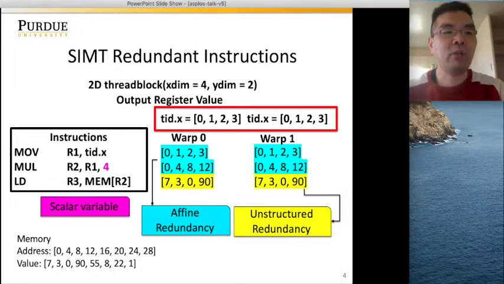The R1 and R2 operand values in two warps are affine because they can be represented as base and stride.